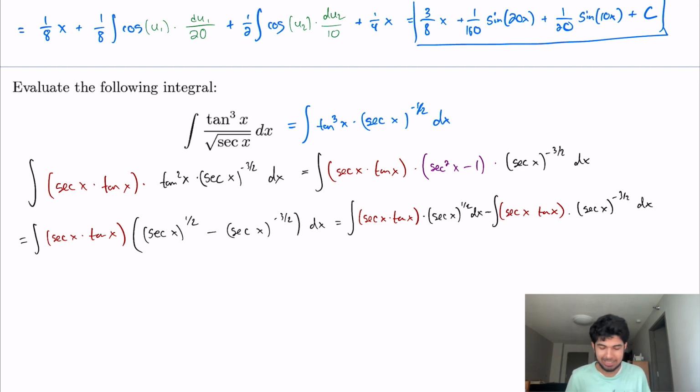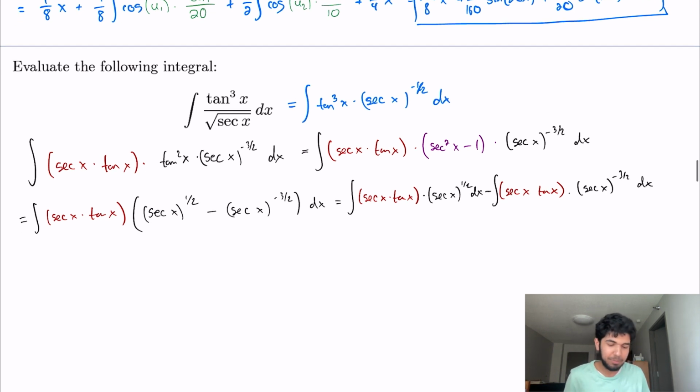So let's do that. In this case, we don't have to be clean with setting u1 equal to something and u2 equal to something, because for both integrals it's the same u. So we'll let u equal secant of x, which tells us that du equals secant of x times tangent of x dx. And now we're going to substitute in our integrals.